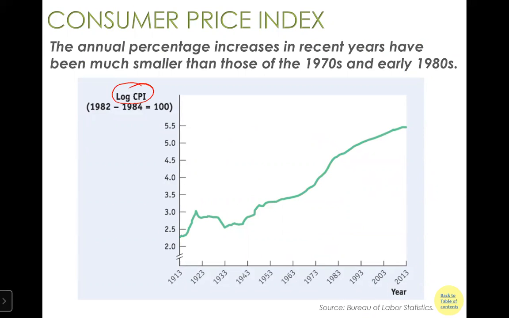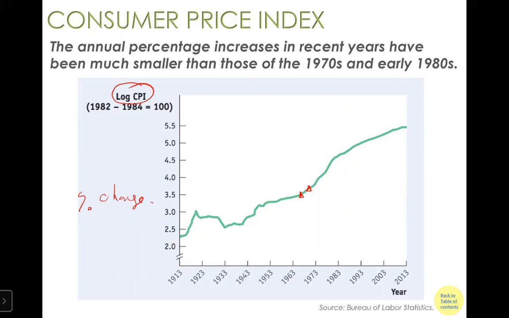Number one, it scales down the values and makes the graph easier to plot. Number two, if we look at the difference between two data points, the difference between two log values gives you the percentage change.